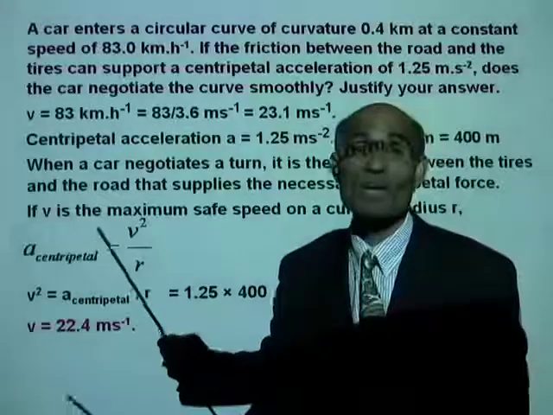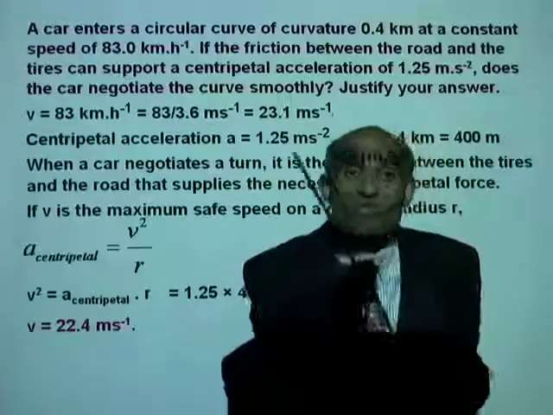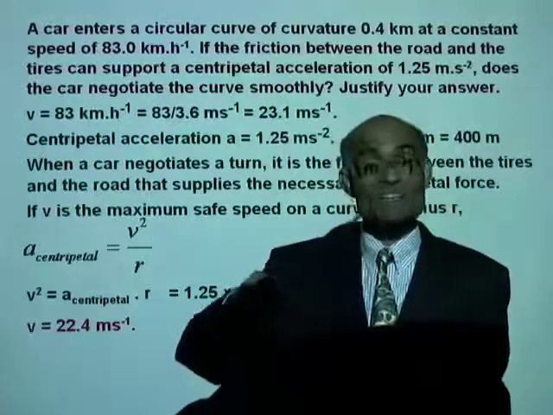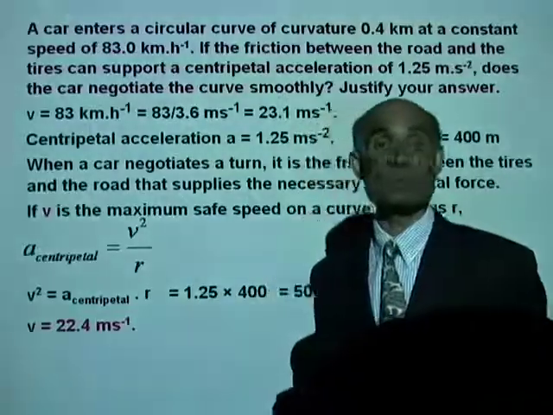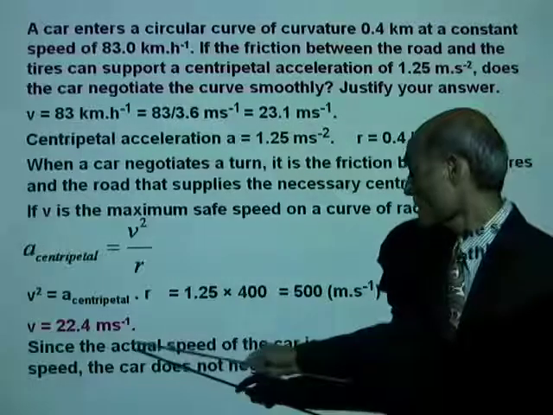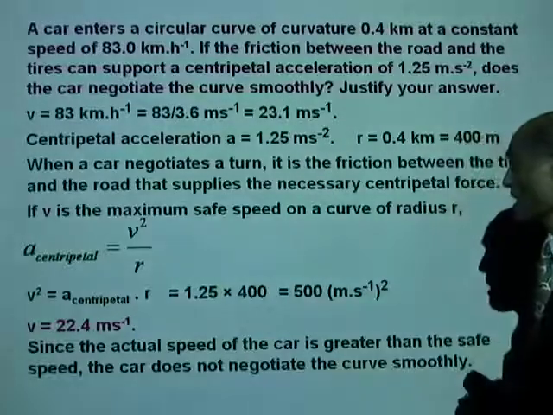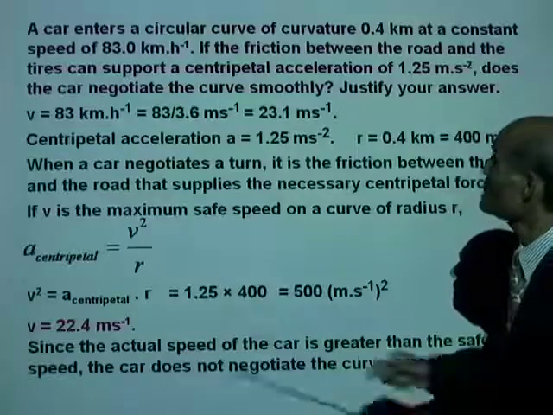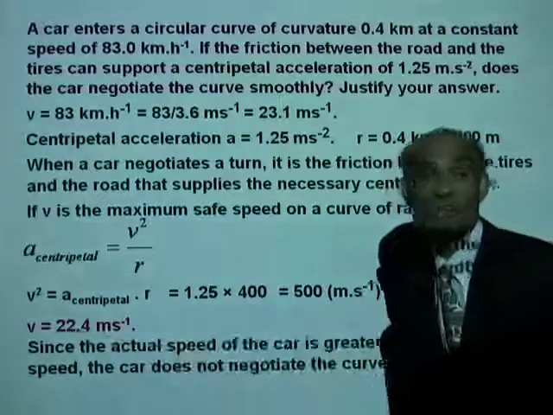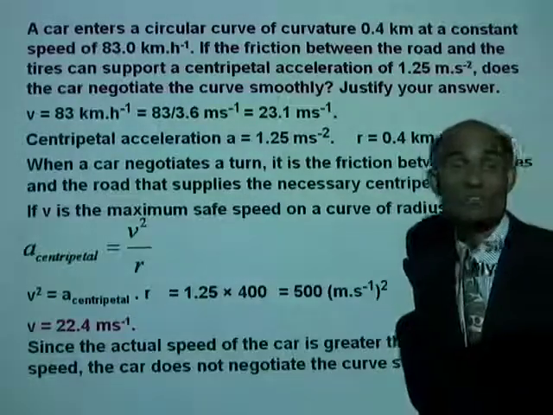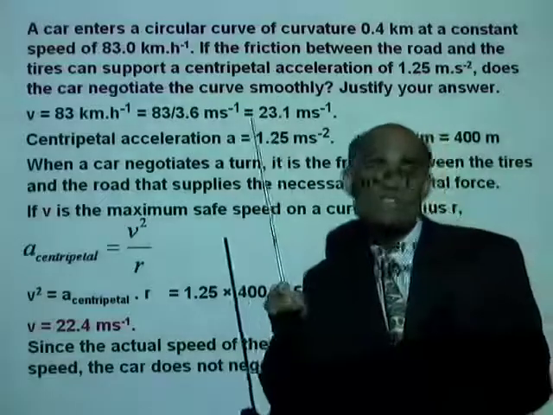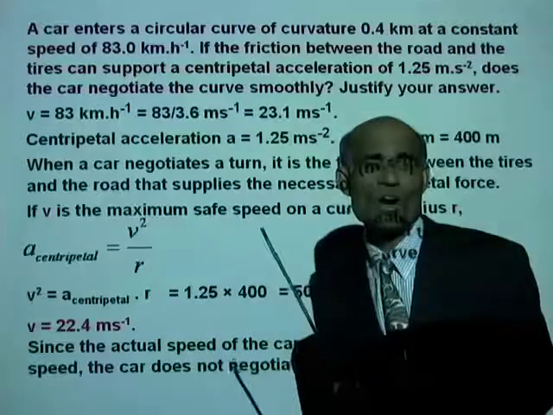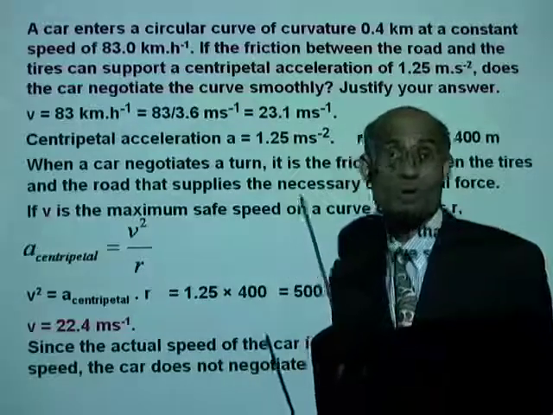And if it is not there, you will not get the centripetal force to keep you in that circular track. So you will be thrown away from that circle. Since the actual speed of the car is greater than the safe speed, the car does not negotiate the curve smoothly. That is where you hear the screeching and howling of the car tire with the road.